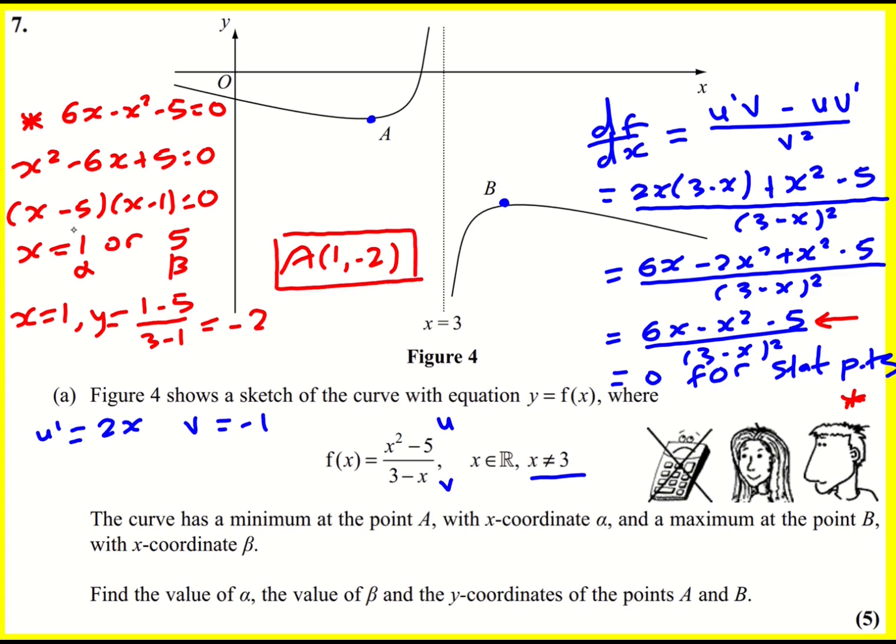I'm also just going to make it really clear that this is alpha, because it did ask us specifically about that. And then if x is equal to 5, then y is going to equal (25 minus 5) over (3 minus 5). So that's 20 divided by minus 2, which is minus 10. So B is (5, minus 10).